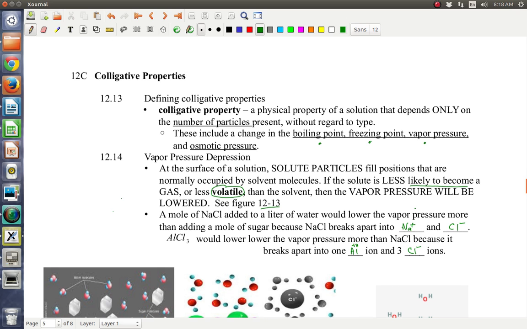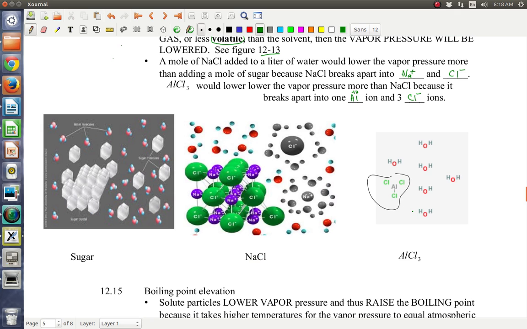I have a couple of pictures down here of what I'm talking about. This is a sugar molecule, like in the video with Tyler DeWitt. The sugar crystal breaks apart into individual molecules. In a few minutes we're going to talk about this little thing called i.